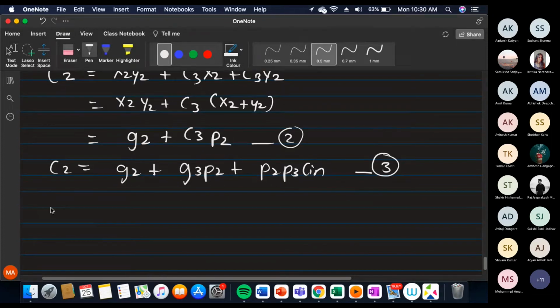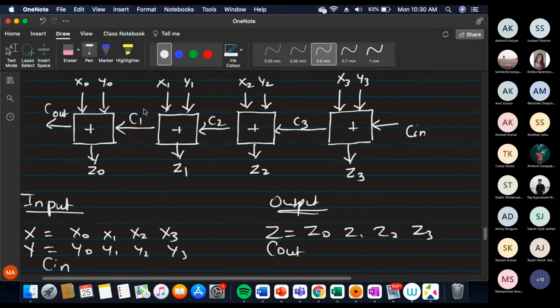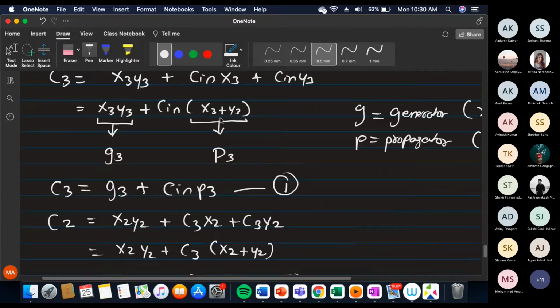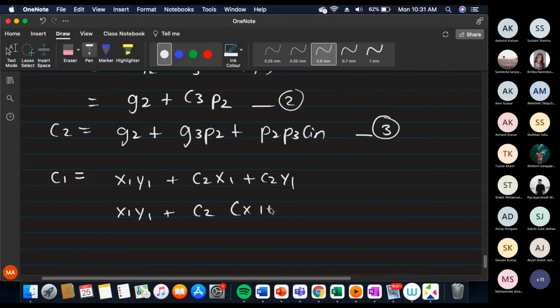Now tell me what is the value of C1. What is the value of C1? You want to get this value. So it will be X1 Y1 plus X1 C2 plus Y1 C2. So take C2 common: X1 Y1 plus C2 times (X1 plus Y1).